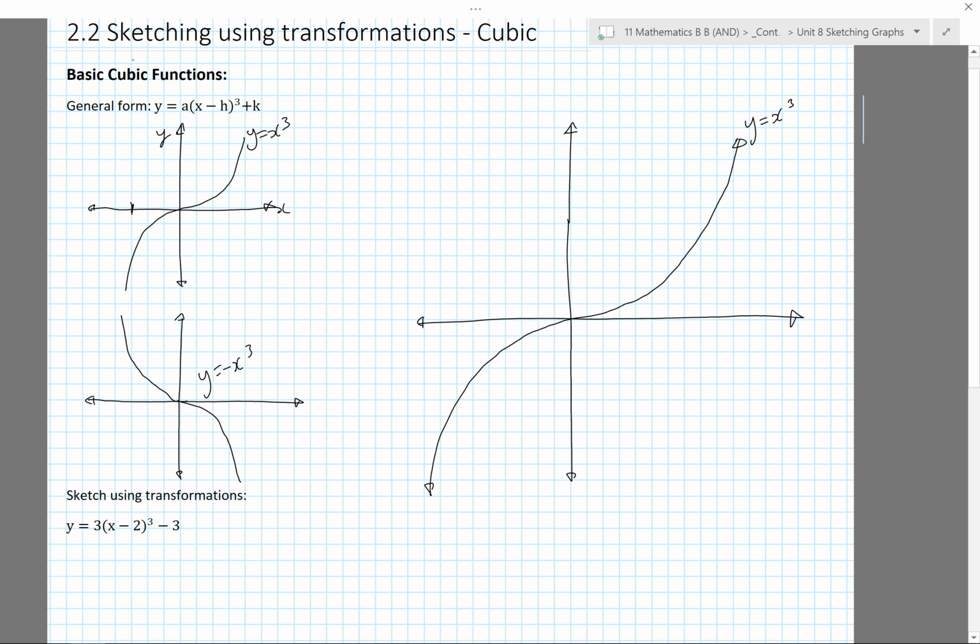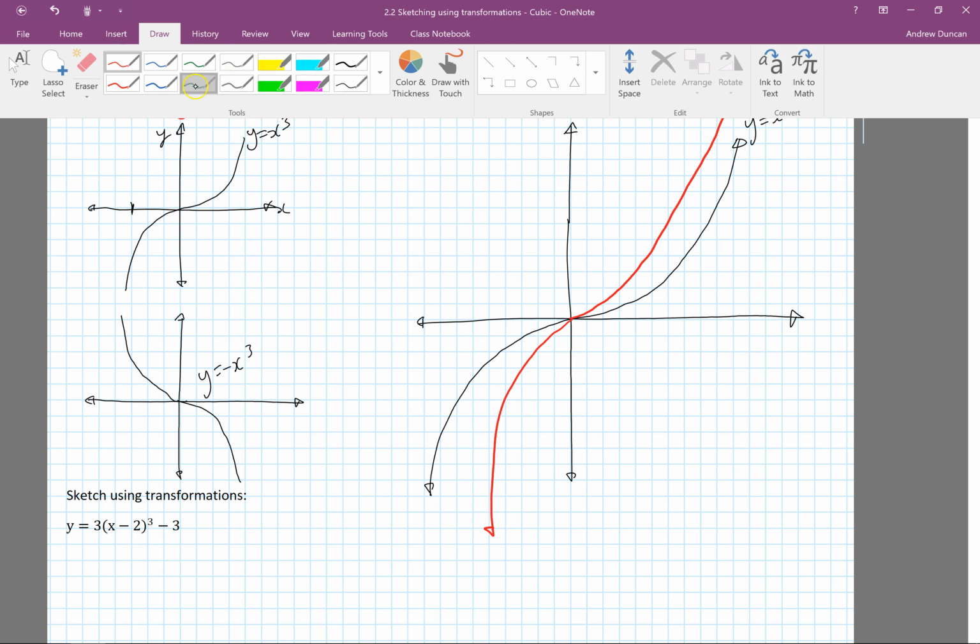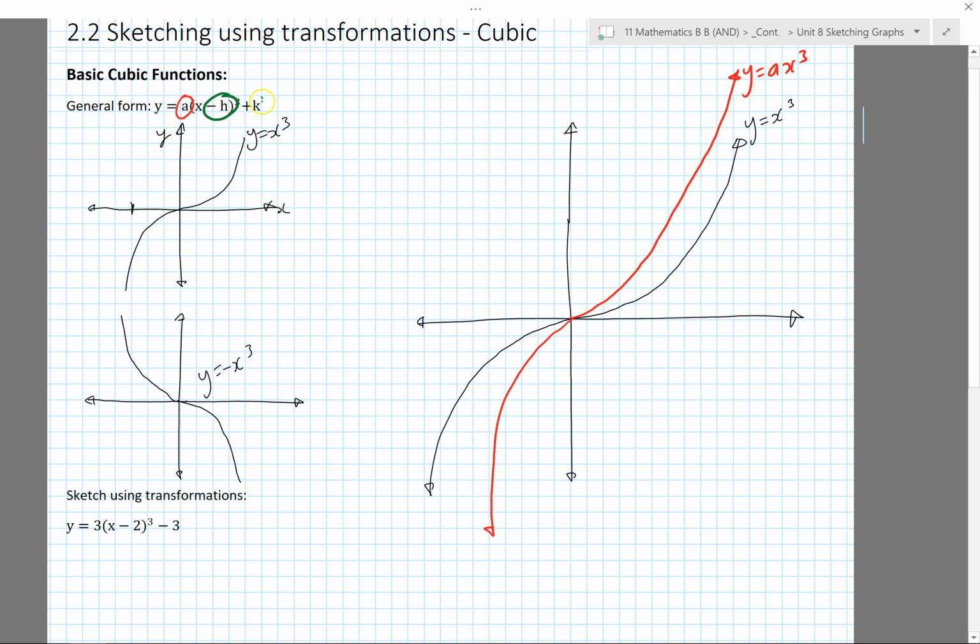Okay, just so you know why you're getting that sort of a shape. So to this basic graph, we can do those same transformations. Okay, I can have an a value, a vertical dilation, so I'll stretch this out and stretch it in this direction as well. Okay, and so that's my a value, and I can also have a horizontal and a vertical translation.